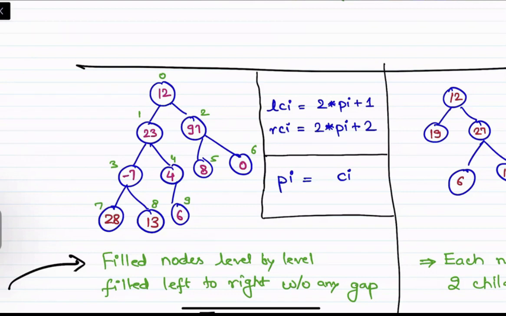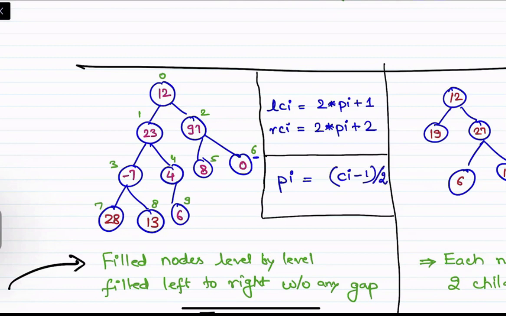Okay, Ci by 2 may not work. If you say 6 by 2 it will give you 3, but the parent is 2. But Ci minus 1 by 2 will work, with integral division.